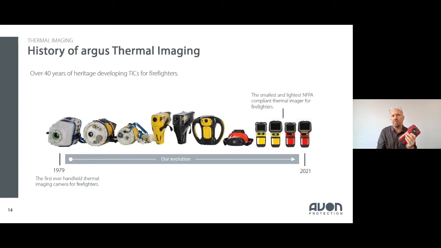You can feel them click with your gloved hand, and that's quite important to understand. This is a very balanced camera to use. It's not top heavy. A lot of TICs on a stick tend to be very big displays, very light handle, but they're top heavy, so you get repetitive strain injury quite often, whereas this sits very nicely in your hand, as you can see as I'm holding it.